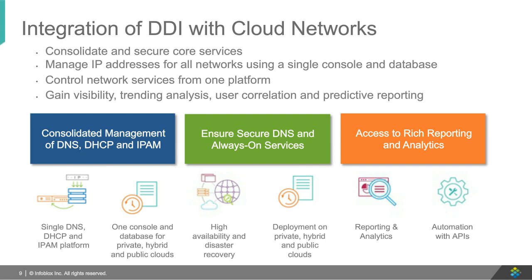Let's say you want to provision a VM onto the cloud. In order to deploy that VM on the network, typically you follow two steps. In the first step, the VM gets an IP address from a DHCP server, and as a second step, a DNS record is created for that VM in the DNS database, right?